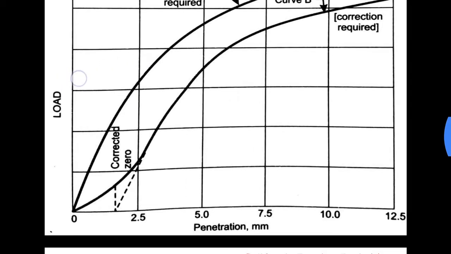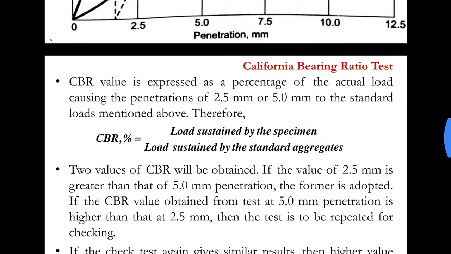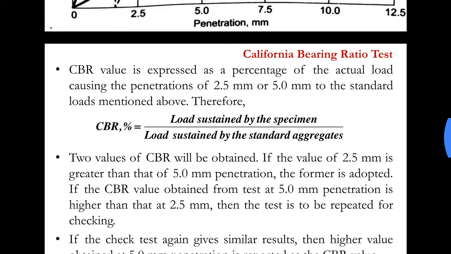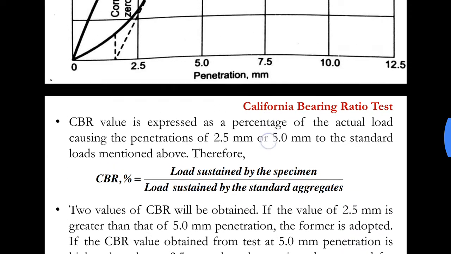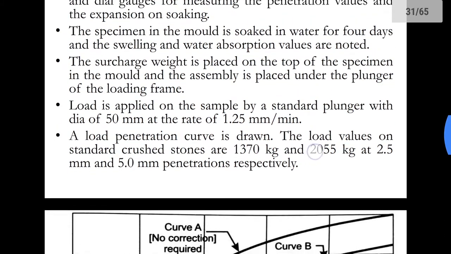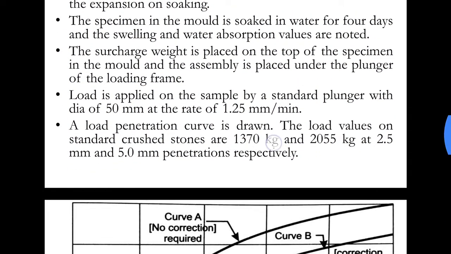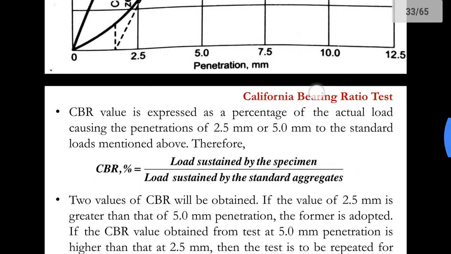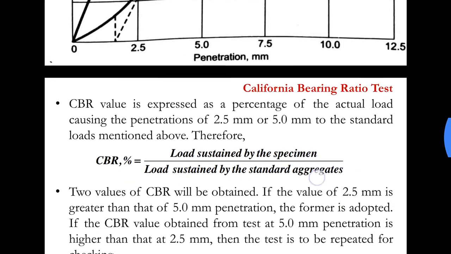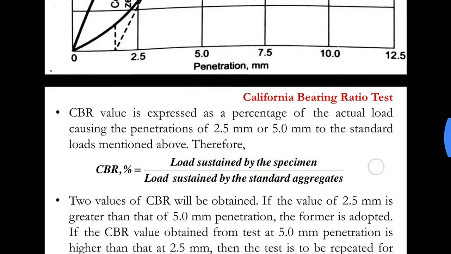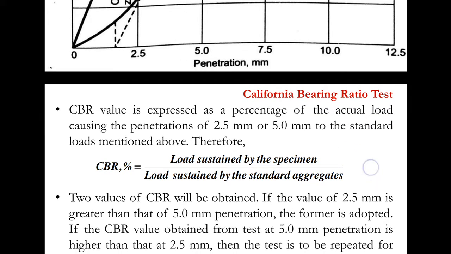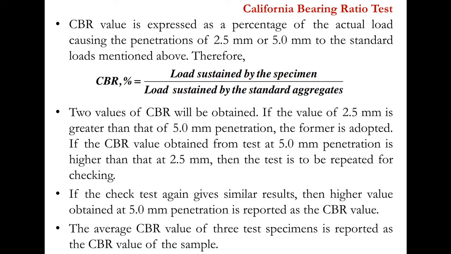Whatever load value you obtain here, you substitute it at the numerator, divided by the load sustained by the standard aggregates. The standard aggregate load at 2.5 mm is 1370, so here the denominator would be 1370. We multiply this by 100, since it is in percentage, and whatever we get is the CBR percentage at 2.5 mm.